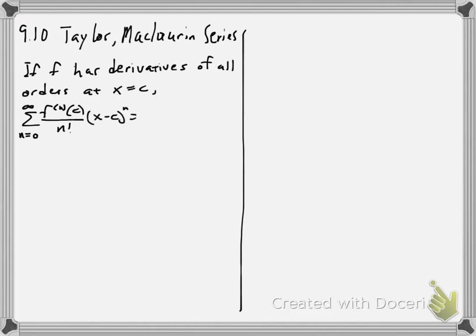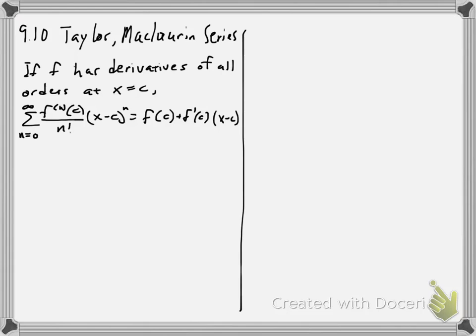If we look at the first term of the series, if n is 0, we just get f of c. If n is 1, we get f prime of c times x minus c.